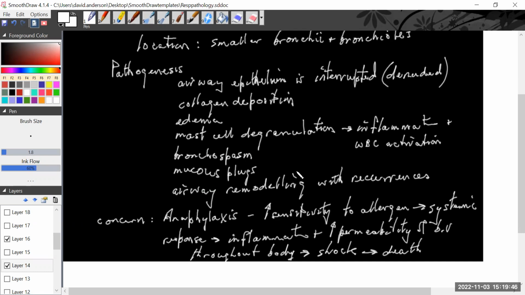So this is a medical emergency, and that particular episode can be corrected with epinephrine, right? Mild attacks are often treated with beta agonists, beta 2 agonists especially, that promote bronchodilation.